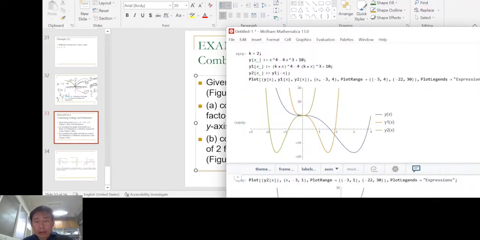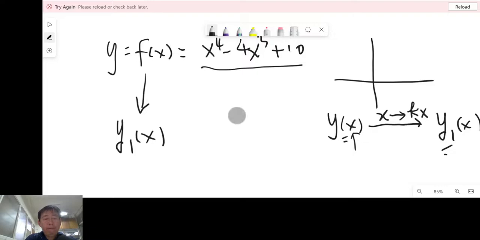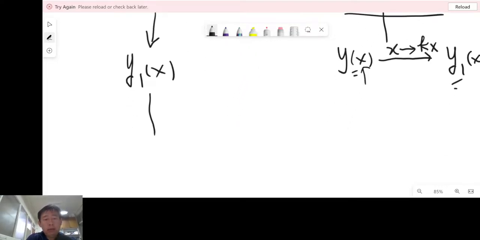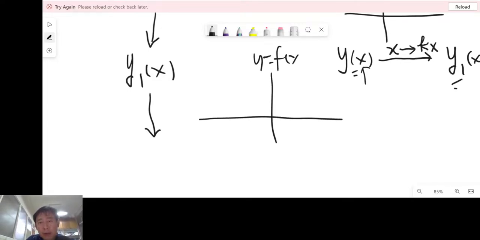So that is to say you have to then make y1 to be reflected. So you have a function of, say, y equals f(x). Then say a function looks something like this, but it's reflected onto the y-axis, then the function will look something like this.